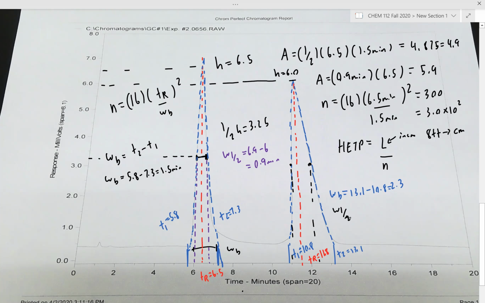Our width at 1/2 height would be equal to 12.5 minus 11.1. Well, probably closer to 12.4, which gives us 1.3.